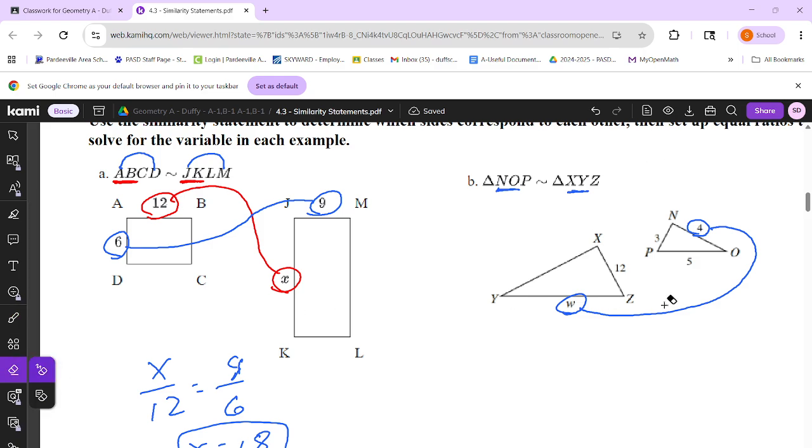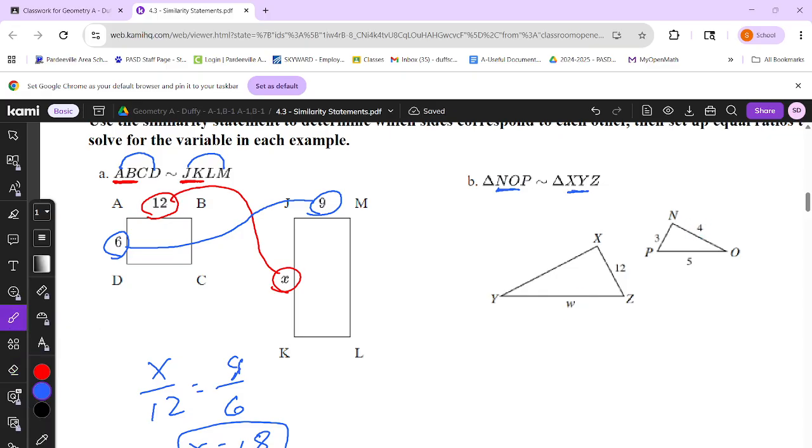Oops, made a mistake. Alrighty, sorry about that, guys. That would be Y to Z. That corresponds to OP.